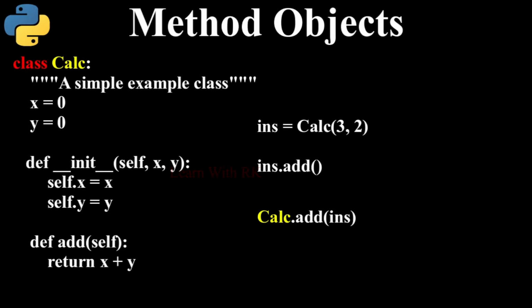In general, calling a method with a list of arguments is equivalent to calling the corresponding function with an argument list that is created by inserting the method's instance object before the first argument. Here, the ins is added as the first argument, and if the add function accepts any more arguments, those are passed as the second and third arguments, and so on.